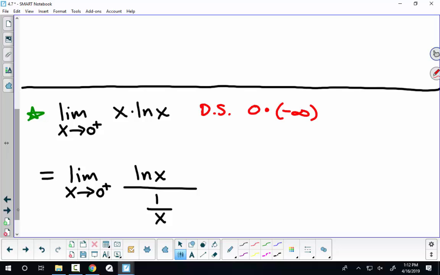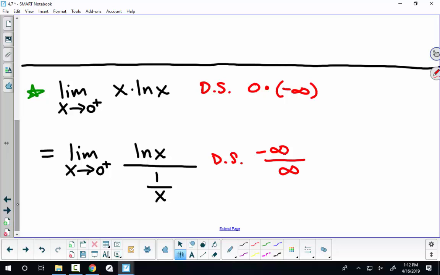So x is going to 0, the numerator is approaching negative infinity, and the denominator is approaching what? What does 1 over x approach as x approaches 0? Infinity. Okay. So now, and only now, are we going to apply L'Hopital's rule to that ln of x over 1 over x.